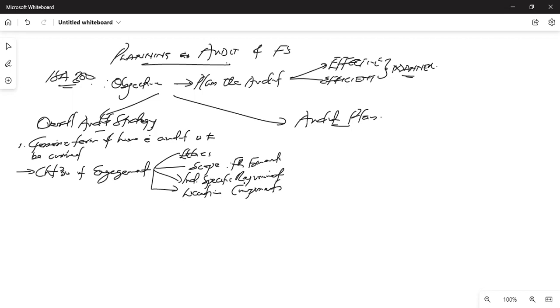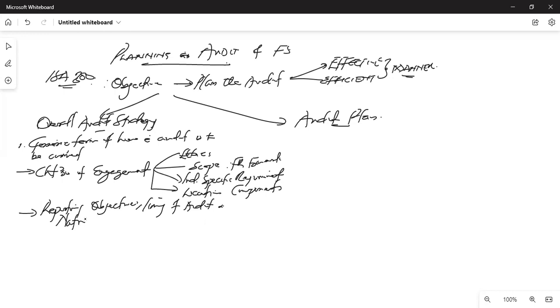Where you are actually going to. Not only does it spell out the overall strategy, the plan also spells out the reporting objectives, how you are going to be communicating, the timing of the audit, when you are starting, when you are completing, and the nature of communication.